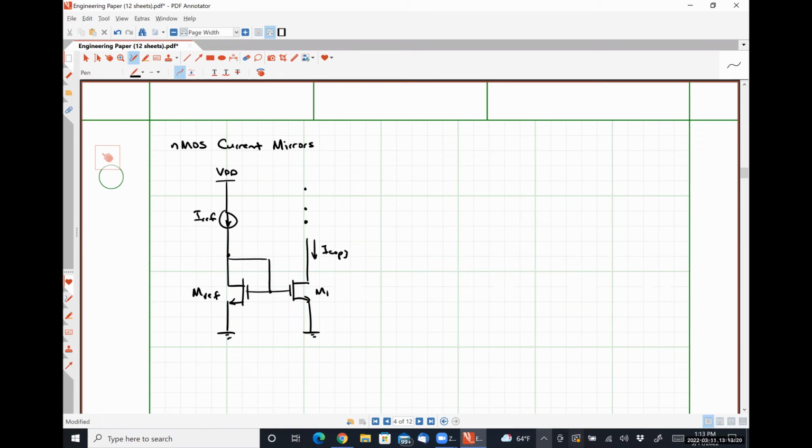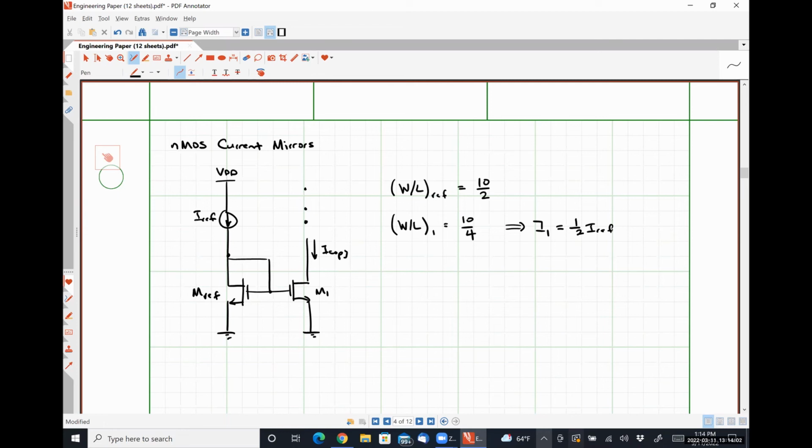So if, for instance, W over L ref has a width to length of 10 by 2, if W over L1 were equal to 10 by 4, that means I1 would be 1/2 IREF. If the aspect ratio is half as large, the current is half as large.